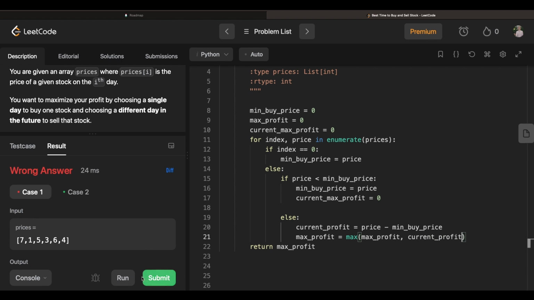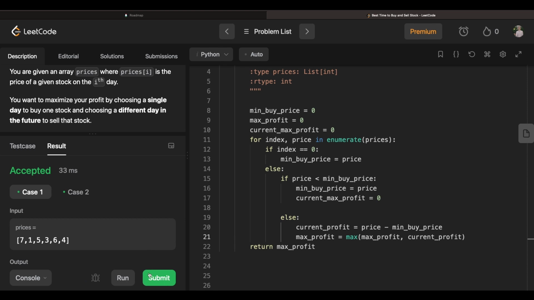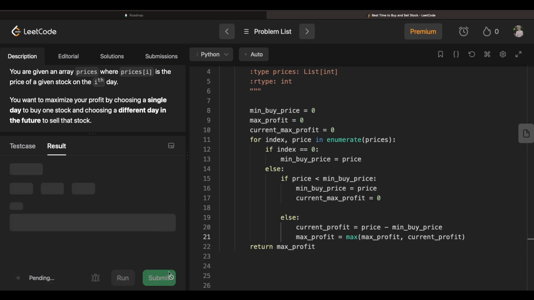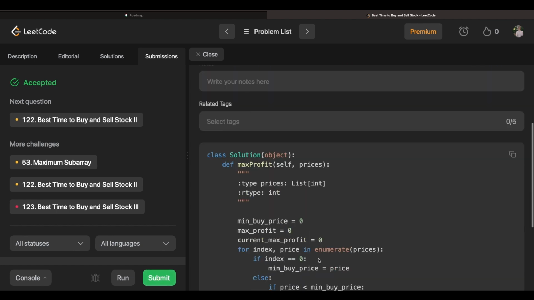Like that. Let's see if that works. Cool, let's try submitting. Right on. I'm glad that worked.